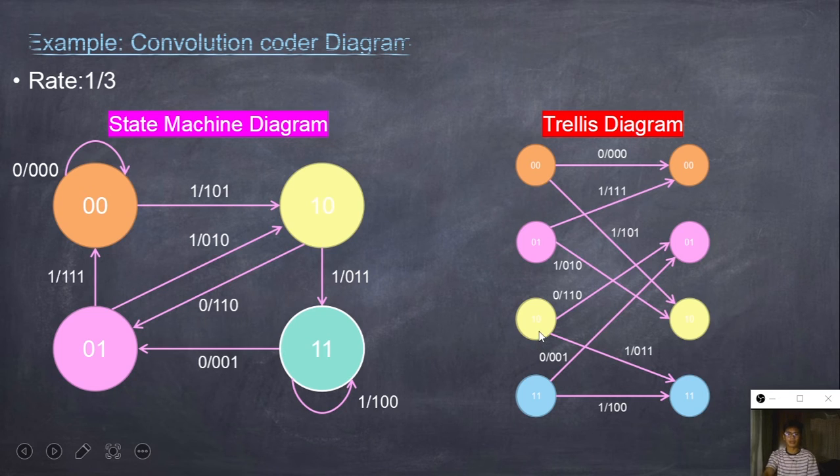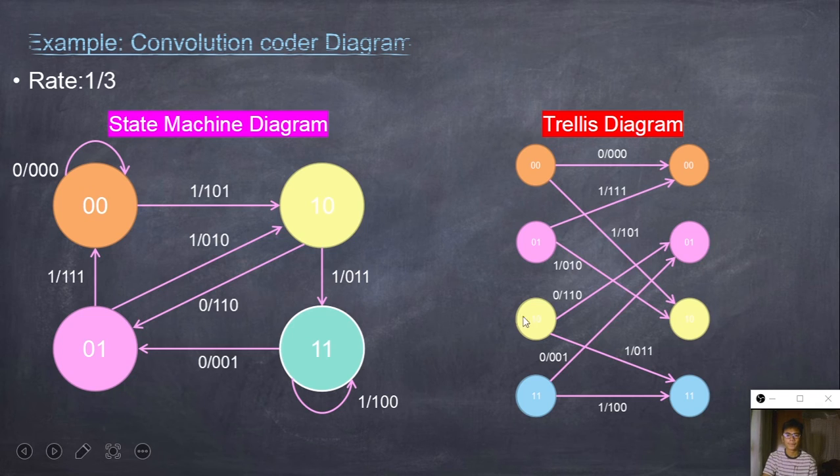Same with 1 0: 1 0 goes to 0 1 with an input of 0 and an output of 1 1 0.